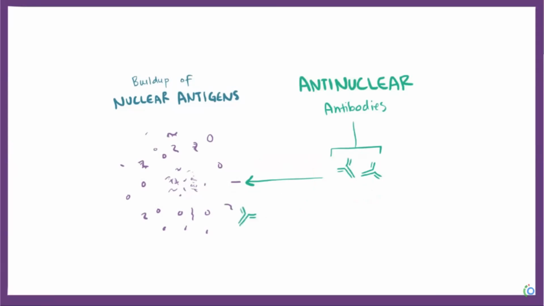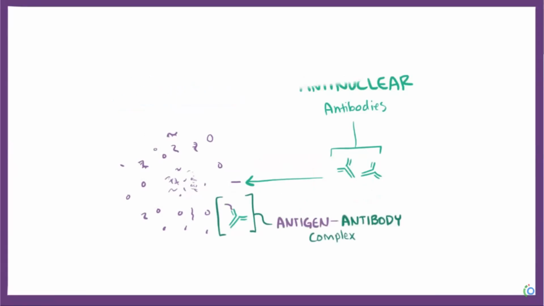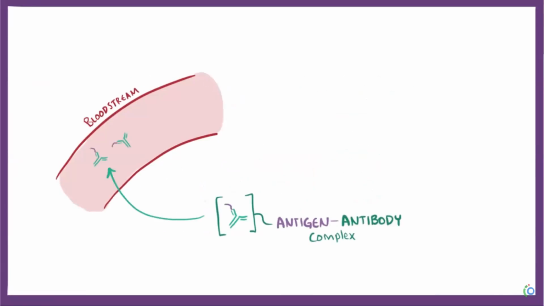Alright, so those anti-nuclear antibodies bind to the nuclear antigens, forming antigen-antibody complexes. These complexes can get into the blood and then drift away and deposit or stick to the vessel wall in all sorts of different organs and tissues, like the kidneys, the skin, the joints, and the heart.